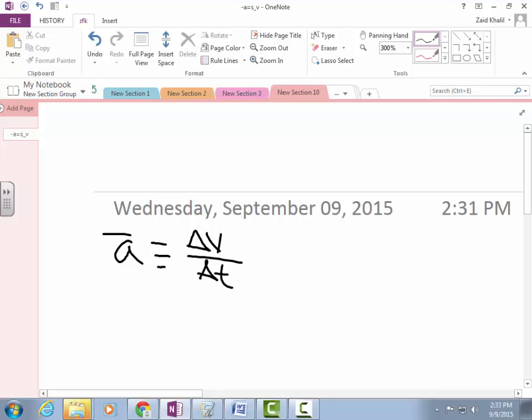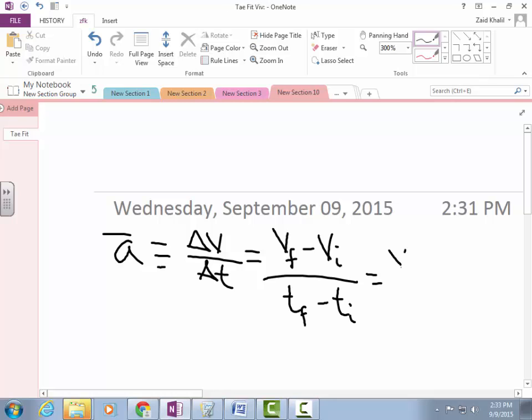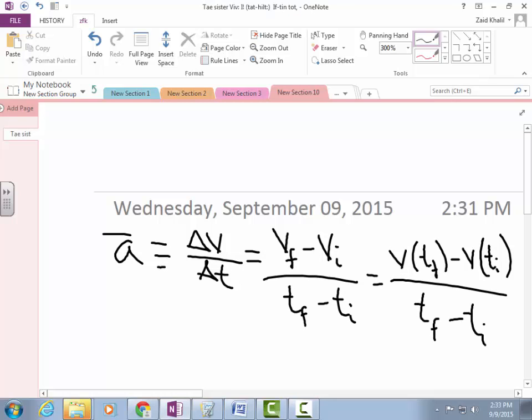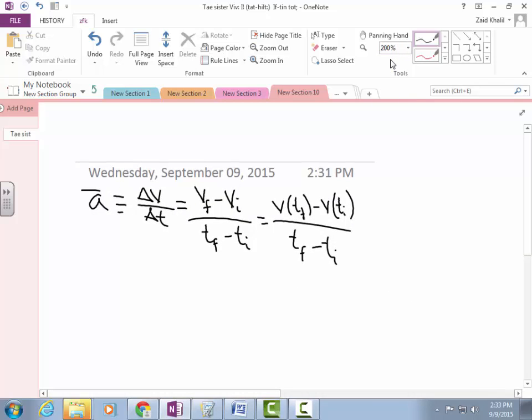So let's actually go and develop this out. This is equal to Vf minus Vi over Tf minus Ti. But of course, V is a function of time. So this is actually V(Tf) minus V(Ti) over Tf minus Ti. And yet again, we go through the same song and dance.